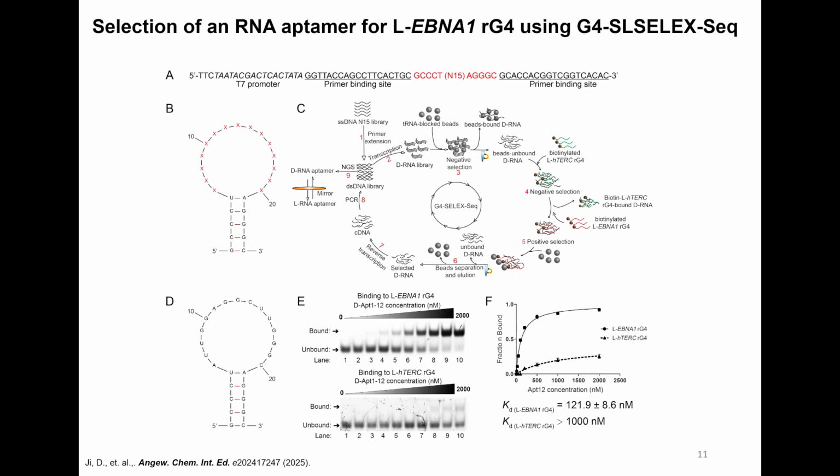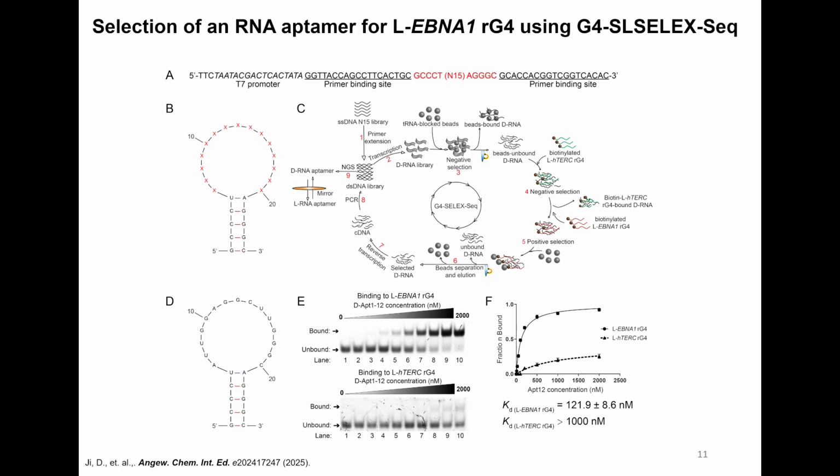This time, instead of using just the magnetic bead as a negative target, we introduce some other RG4 to further improve the selectivity. Of course, the readout is NGS, and we have the shorter randomized library. Long story short, 3 rounds of SELEX, and Daniel already gets a relatively good aptamer sequence here.